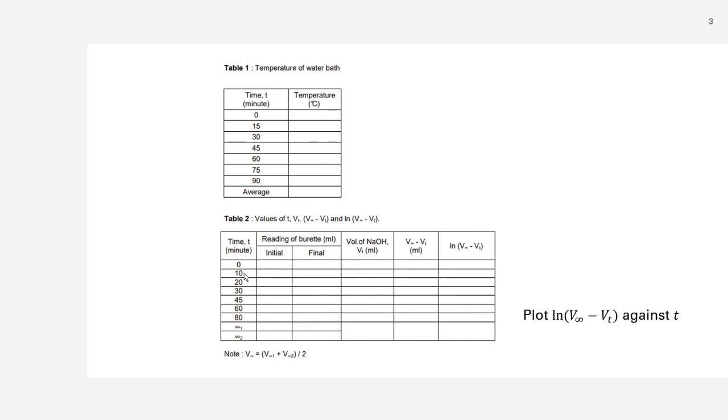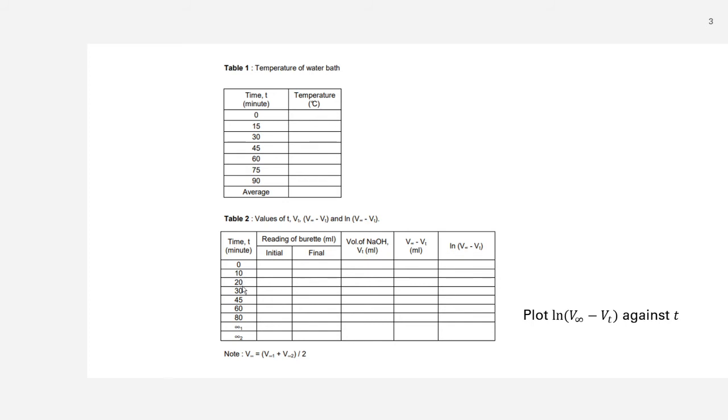So it says here 10, 20, 30 minutes, but if the timer says that it's 10.35, jot down the exact value 10.35. Usually students miss on that, so they just take this 10, 20, 30 as it is on this table. This table is just there as a guidance, okay?